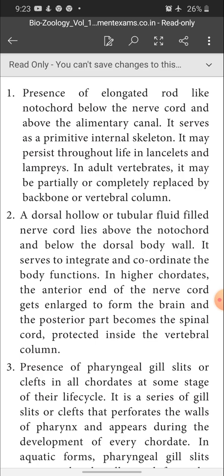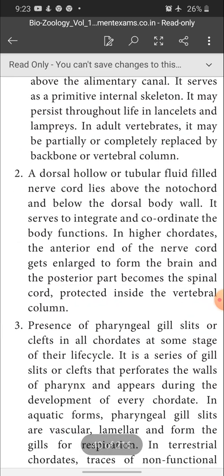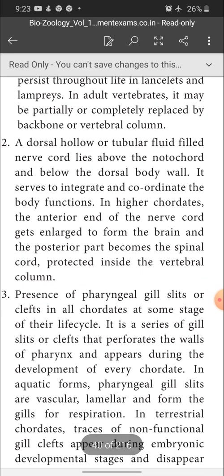The backbone or vertebral column. Next, the dorsal hollow tubular fluid-filled nerve cord, which lies above the notochord and below the dorsal body wall. It serves to integrate and coordinate body functions. In higher chordates, the anterior end of the nerve cord gets enlarged to form a brain, and the posterior part becomes the spinal cord, protected inside the vertebral column.